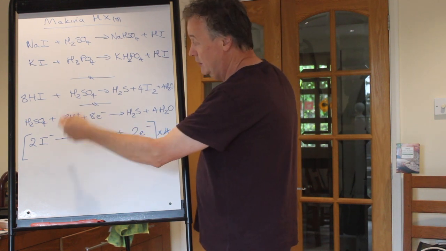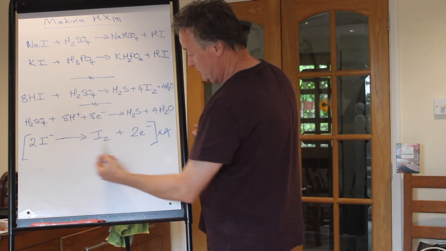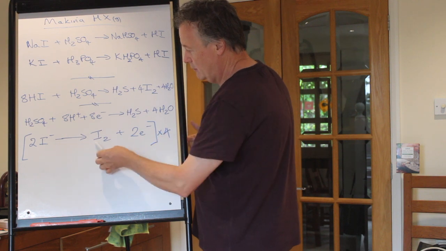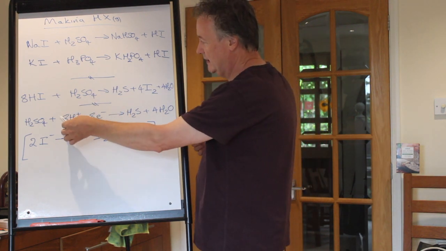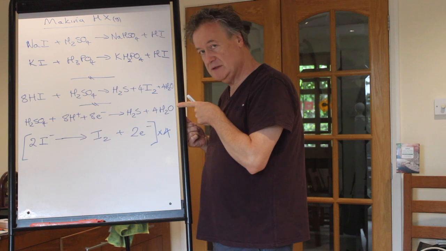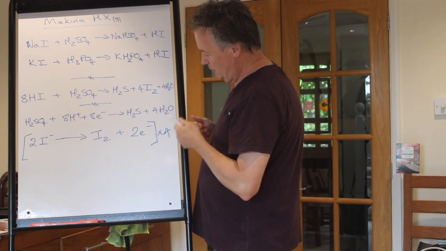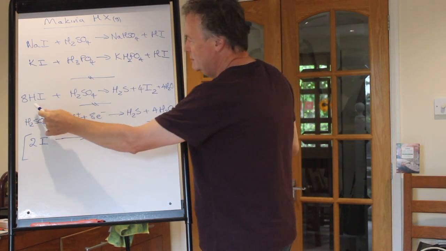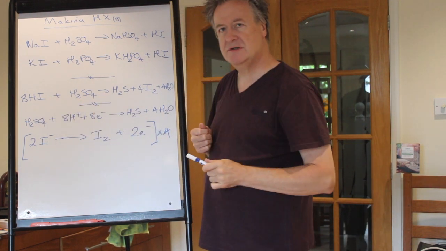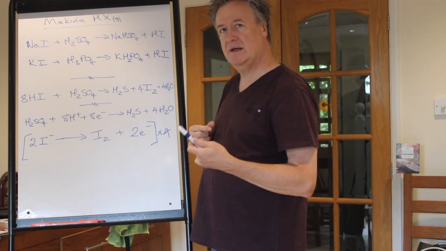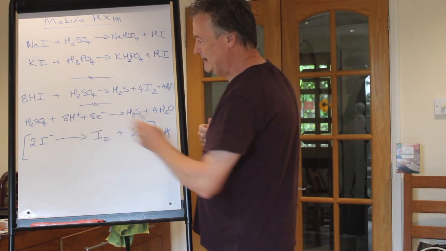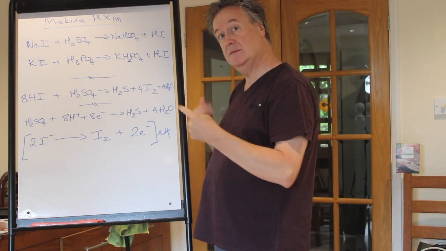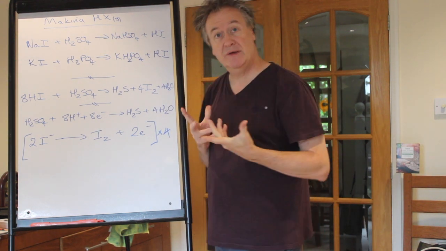Or it will produce an oxidation number change of a total of 8, because each iodine goes up by 1 and you need to do that 8 times to match the 8 drop in oxidation number in this half equation. So when you piece that together, that's what you get. Last time I did kind of ignore the hydrogen. You've got to remember that there are hydrogens in the hydrogen iodide and they become the H plus ions that you need there. That was similar with the bromide. And that kind of brings it all together really.